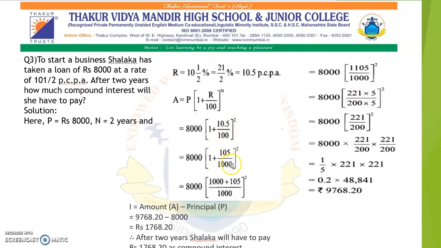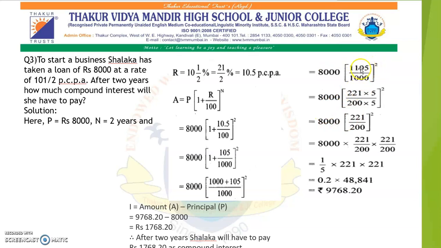Remove the decimal, so instead of 100 it becomes 1000. Now 1000 multiplied by 1 becomes 1000 plus 105 upon 1000. Now we add this, we get 1105 upon 1000 whole square multiplied by 8000.